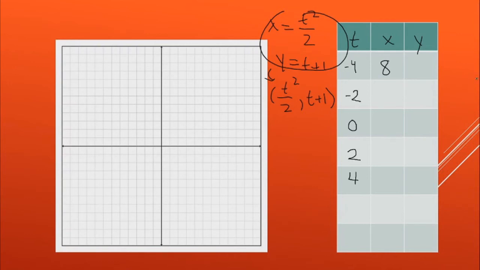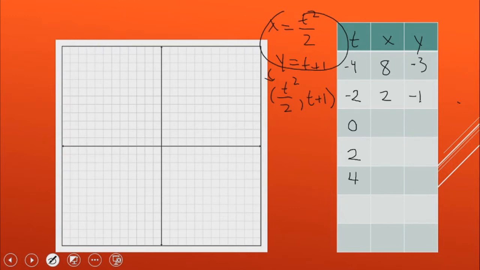And when t is equal to -4, y is equal to -4 plus 1, which is -3. Okay, let's go to the next one. When t is -2, x is equal to 2, and y is 1 more than t, so that's -2 plus 1, or -1.